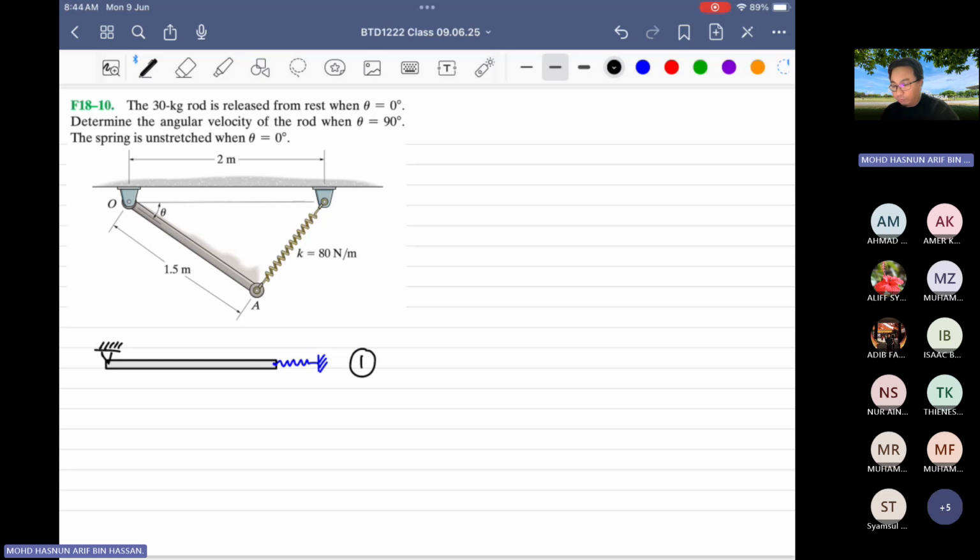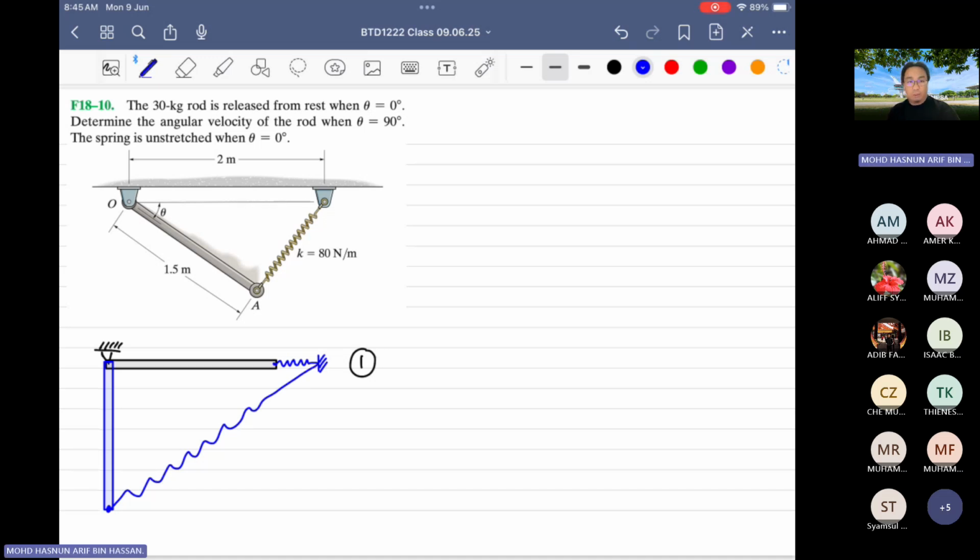What we want to find is the angular velocity, omega, when theta equals 90 degrees. When theta equals 90 degrees, the rod is in the vertical position. This is position number 2, and you have the spring at the end of the rod, and it should be stretched to here.